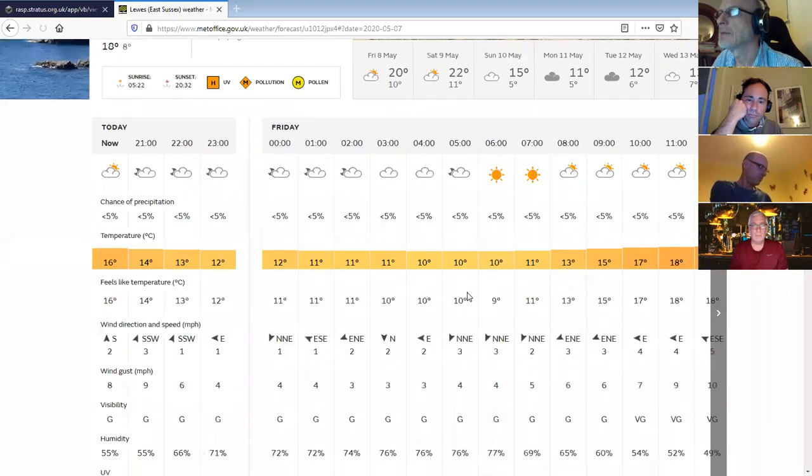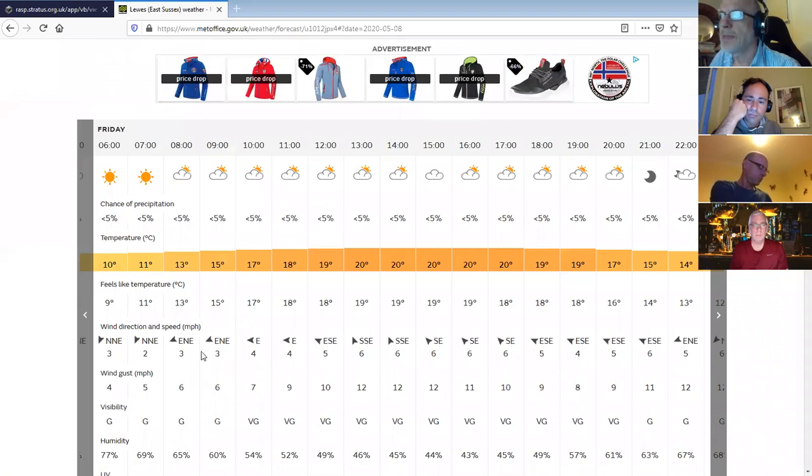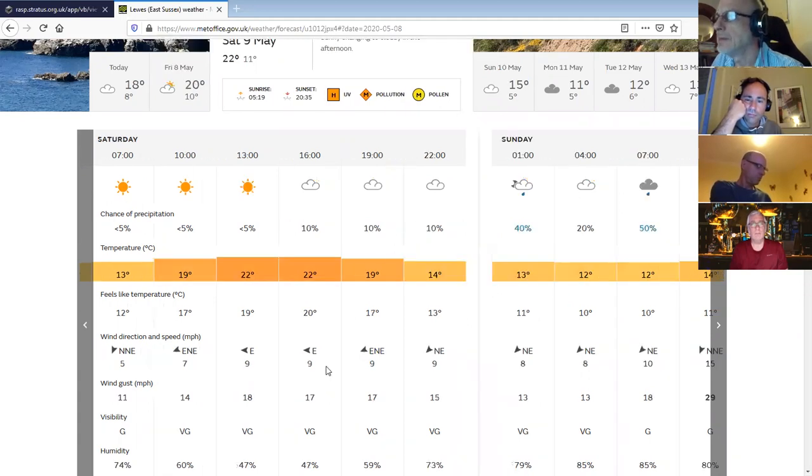See what I'm saying. So again, if we check tomorrow, we can see very light winds forecast. Anything once it gets to like 4-5 miles an hour, it's light. Saturday we see winds picking up a bit.